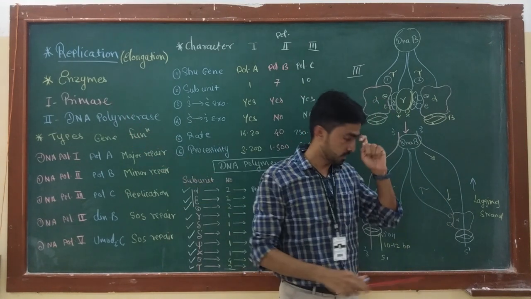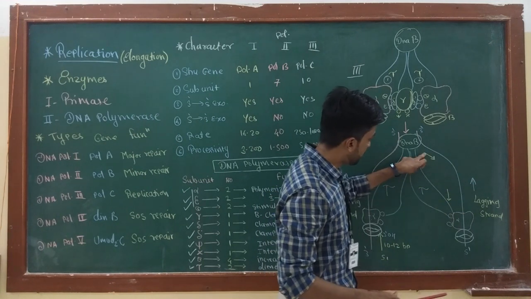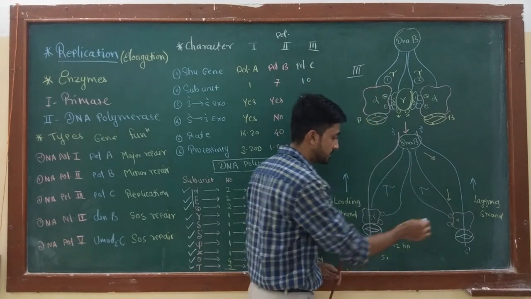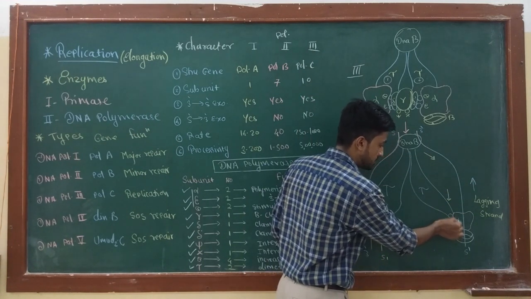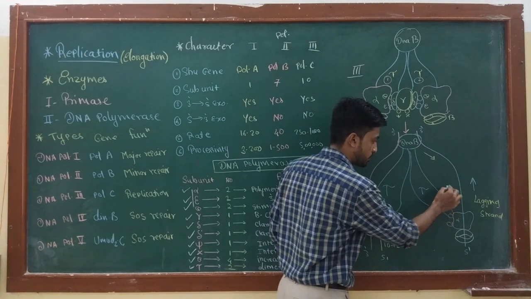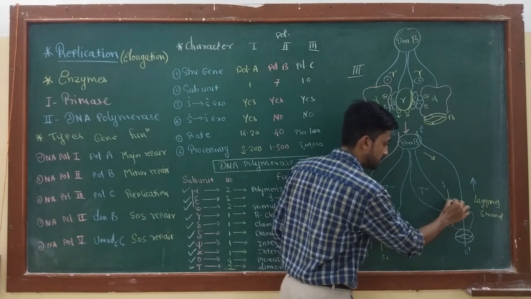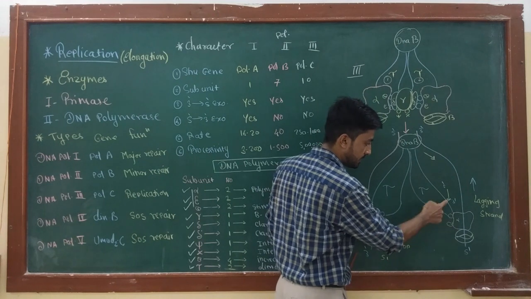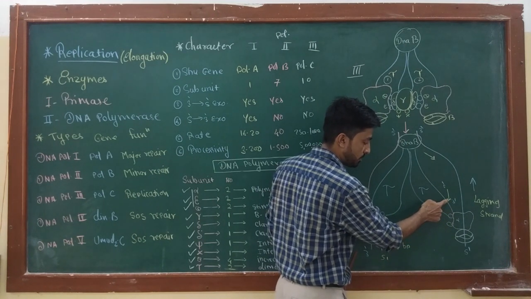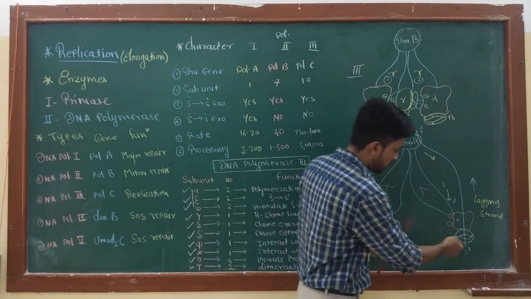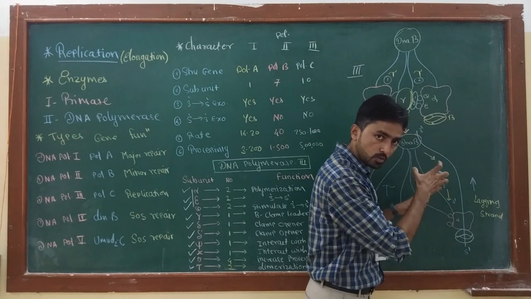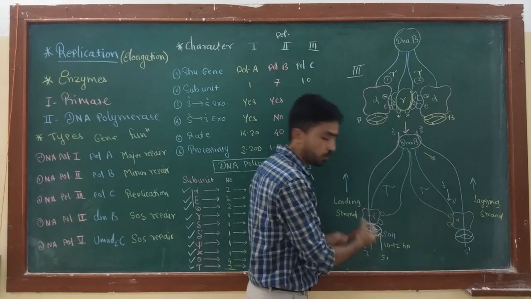I already told you that on lagging strand, multiple primers are produced. When this DNA polymerase meets the primer, which is produced in opposite direction, with this 5' end and this 3' end, then this alpha attaches to the primer, and now the enzyme cannot move downward because this is moving upward.